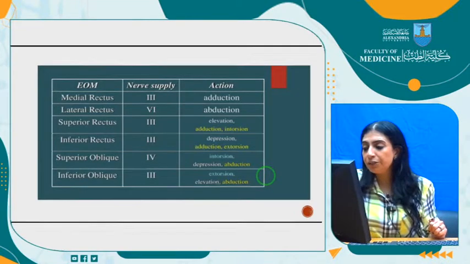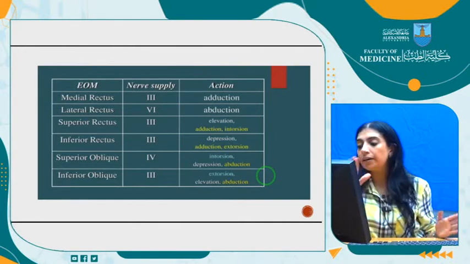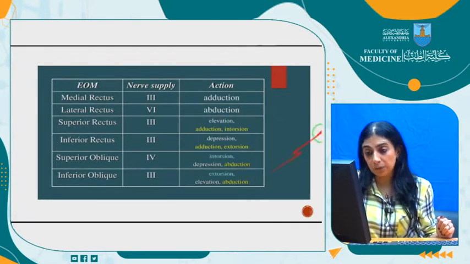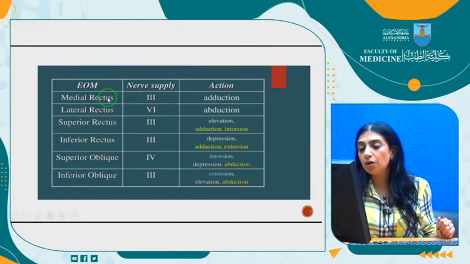And this is the summary for the nerve supply and the action of the extraocular muscles. Let's revise quickly the action of the extraocular muscles.